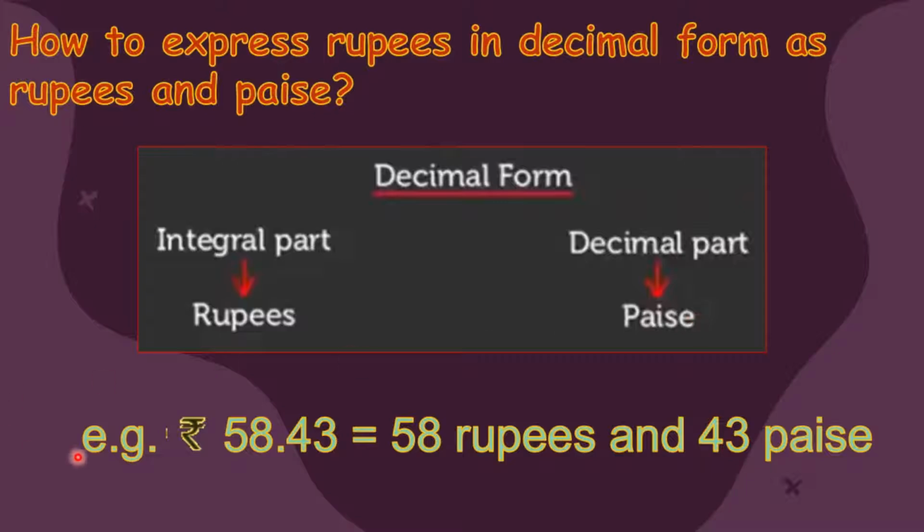Rupees 58.43 can be expressed as follows: the 58, that is the rupees part, is taken as the integral part before the decimal, and the decimal part, that is 43 after the decimal point, is taken as paise. So we write rupees 58.43 as 58 rupees and 43 paise.